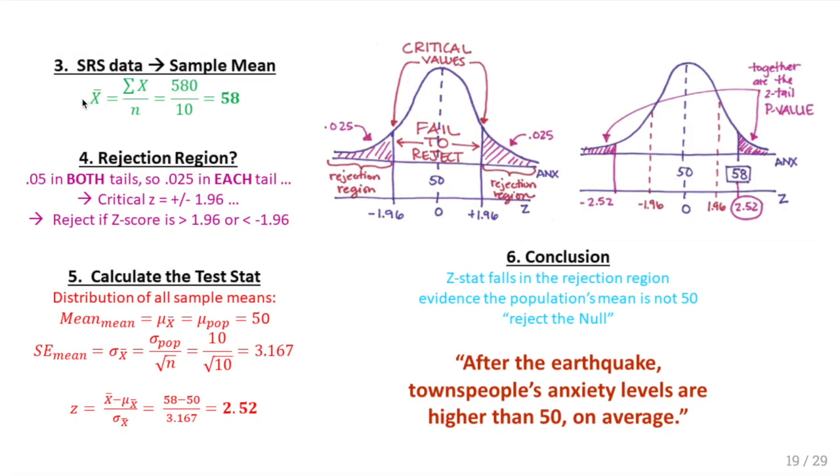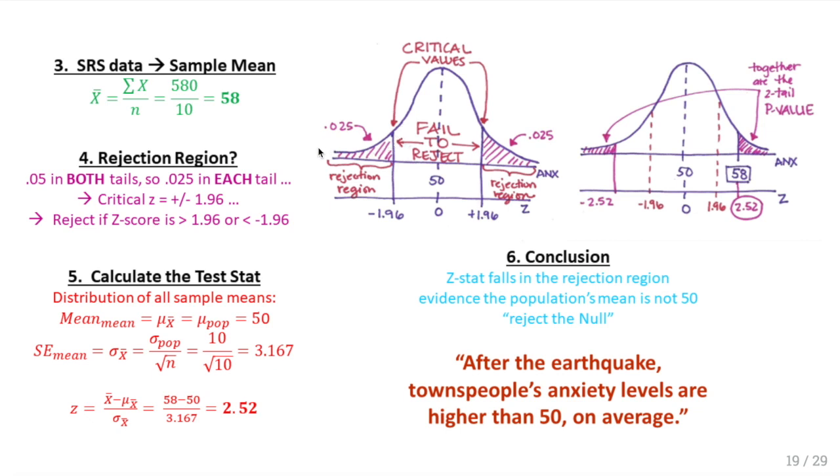So we calculate our sample mean, and if you calculate it as 58, now we're going to say rejection region, we're going to put 0.05 in both tails so that each one has 0.025, which puts our critical Z at plus or minus 1.96. So we're saying we're drawing the line right here and right here.